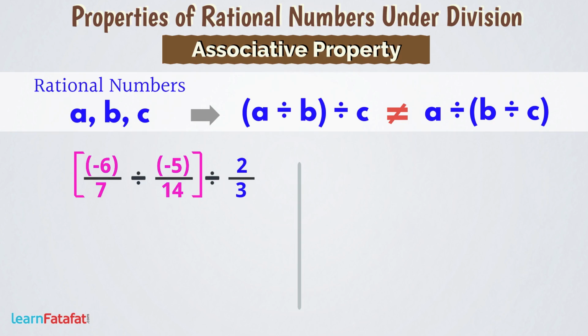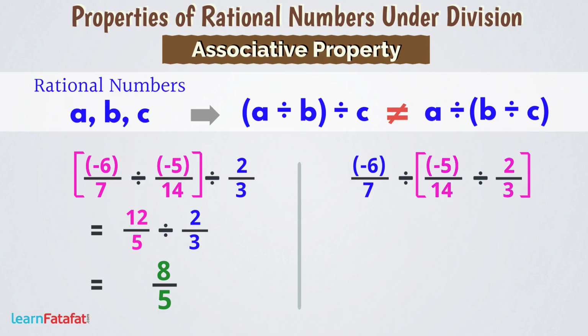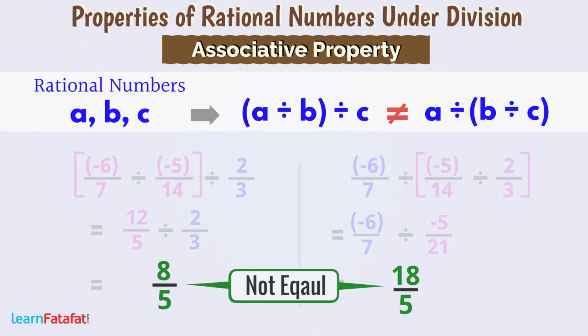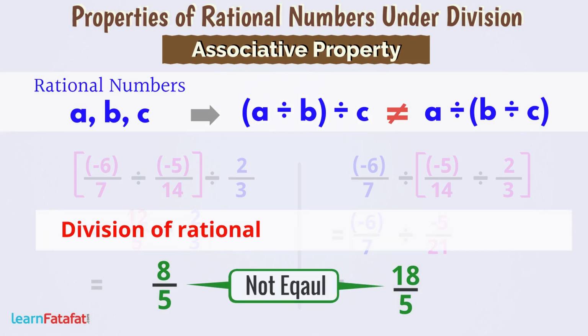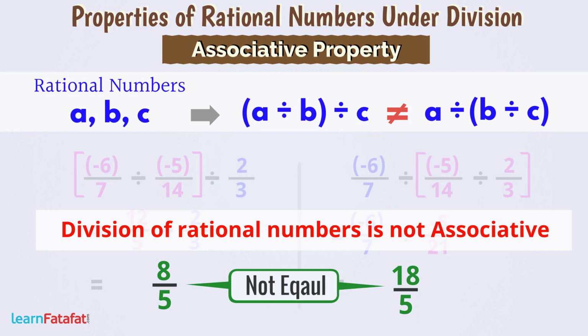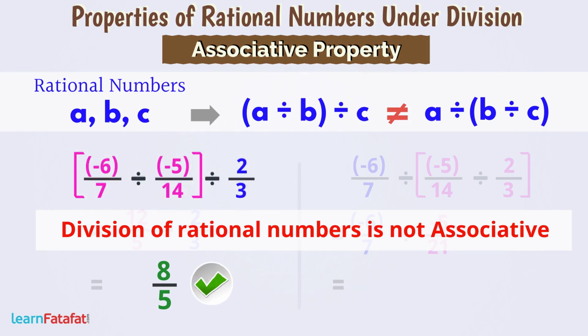If grouped like this, then result is 8 by 5. But if grouped like this, then result is 18 by 5. Since both results are not same, so division of rational numbers is not associative. Given order must be followed to find correct result.